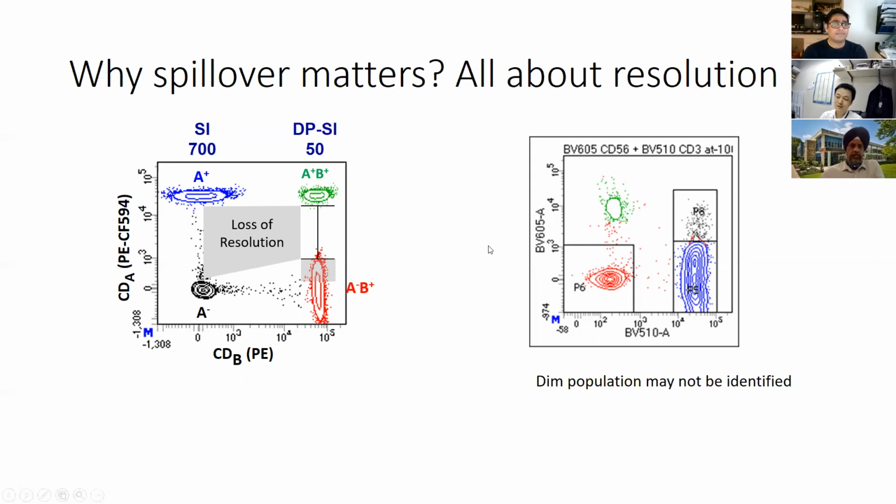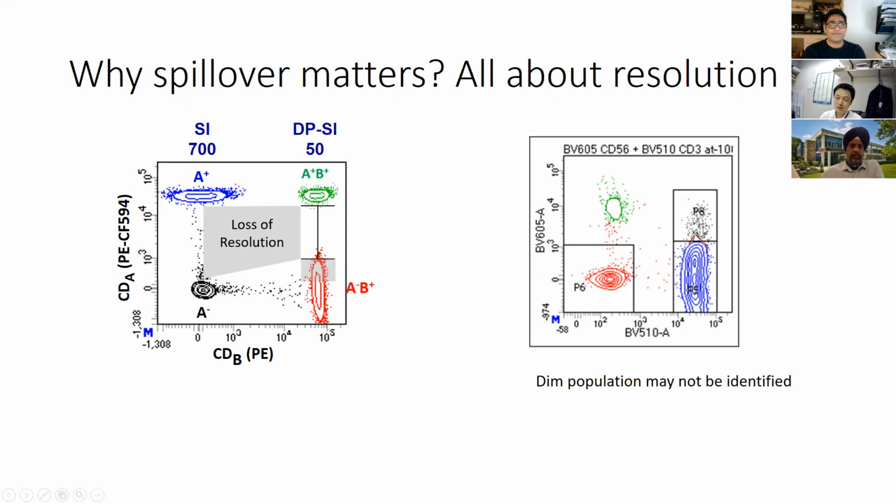Here is an example. Sometimes we will have a very dim double positive population, looking like here. If this population spreads, sometimes it even gets into here, so there's no clear cut.